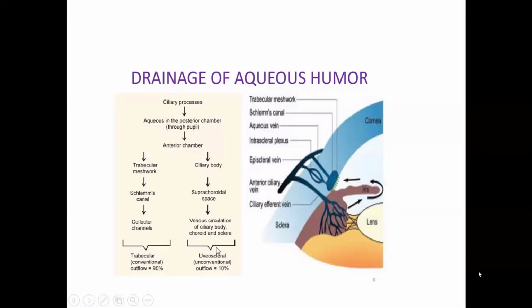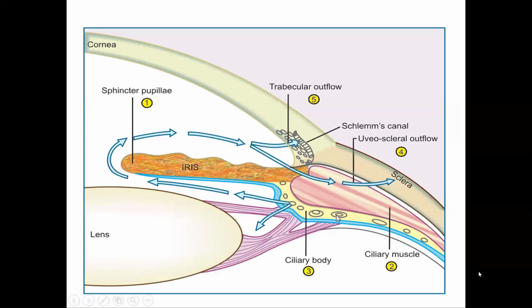The other 10% is drained via the uveoscleral outflow, and from the posterior chamber the aqueous humor also moves towards the anterior chamber in the case of the uveoscleral pathway.